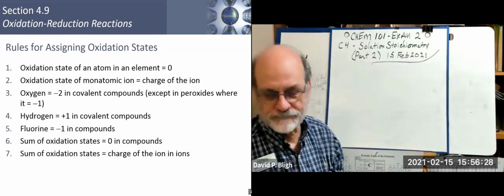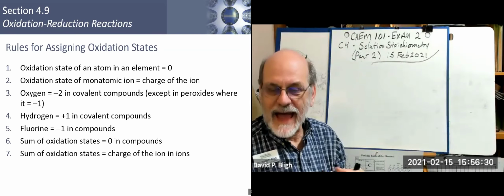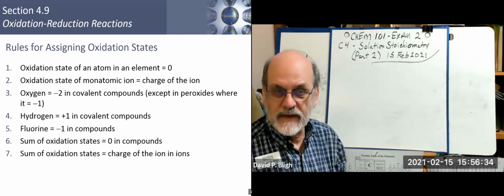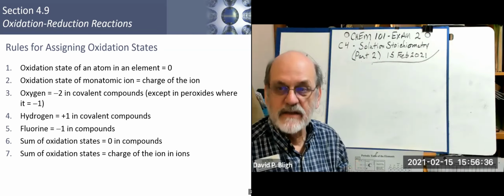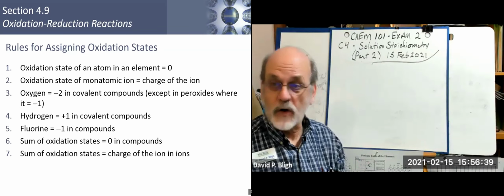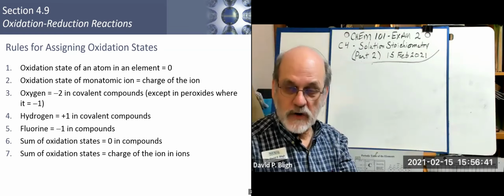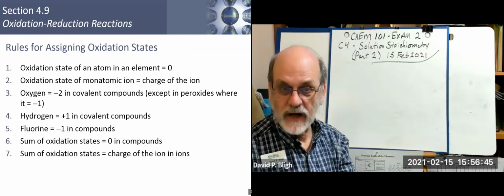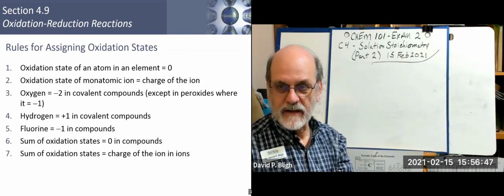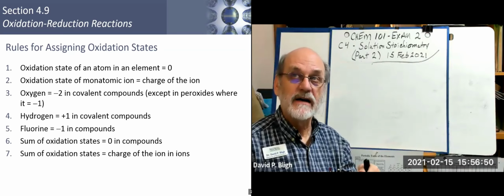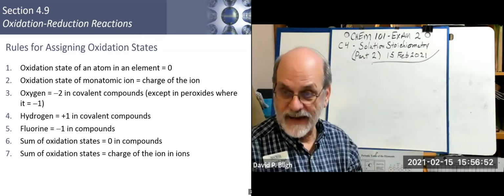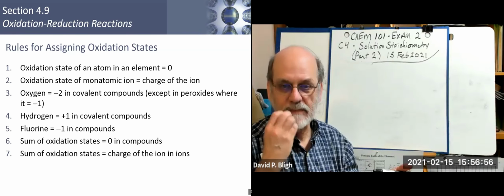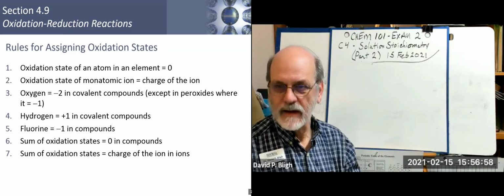Rule number 2. Any atom that becomes an ion, the oxidation state of that ion is the charge. So the oxidation state for sodium as an ion would be +1. The oxidation state of sulfur in a compound is -2. Okay?